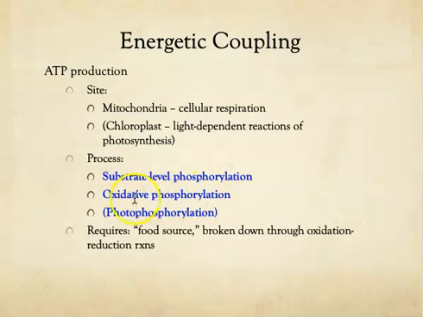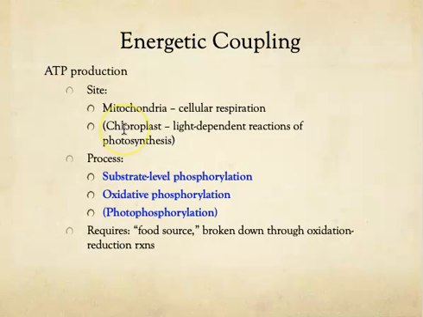It's made through a process called substrate level phosphorylation. So a little bit of ATP gets made through substrate level phosphorylation inefficiently. A lot of ATP gets made during oxidative phosphorylation very efficiently. And both of these things occur in the mitochondria of these eukaryotic cells.